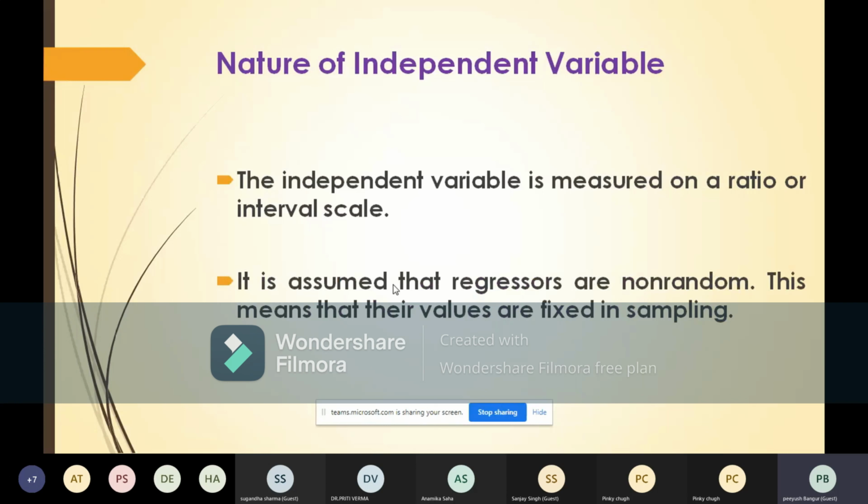For example, my stock market return was 5% today. So up to the last point of data, I have to assume, or the software will assume, 5% for today's return only. This is the important point. When it comes to the independent variable, you have to take only ratio or interval scale.